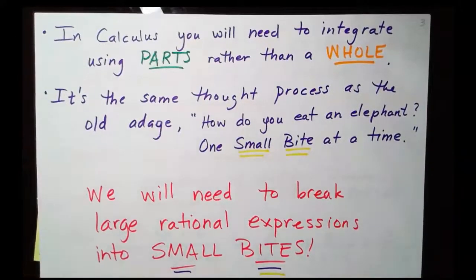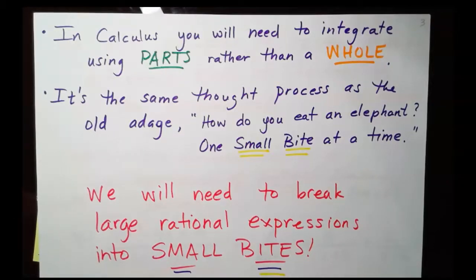In calculus, you're going to need to integrate using parts rather than a whole. And what you'll find out in calculus is that an area of a curve captured in between an axis, x-axis or y-axis, or captured in between one slice of the domain, is easier to find by taking the sum of all the parts and adding them together rather than just thinking in terms of the whole.